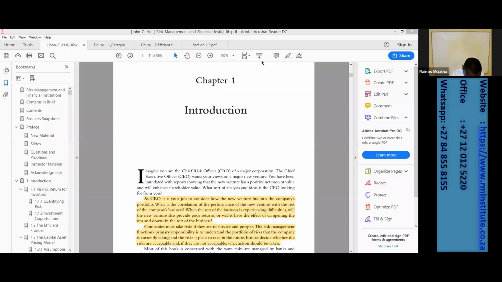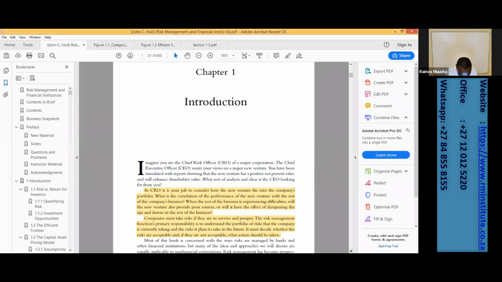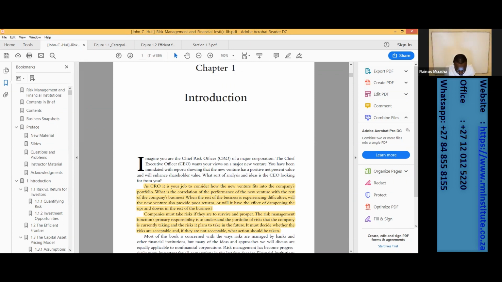If you check in the textbook, they tell us that in chapter 1 under introduction, second paragraph, they say as the chief risk officer, it is your job to consider how the new venture fits into the company's portfolio. What is the correlation of the performance of the new venture with the rest of the company's business?